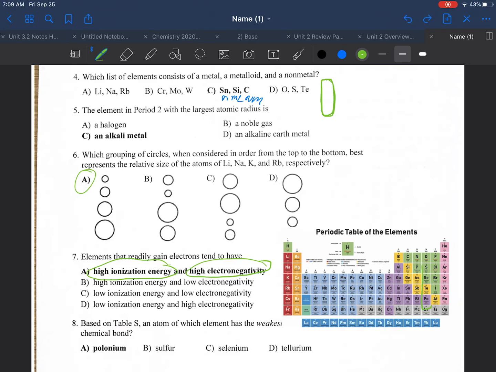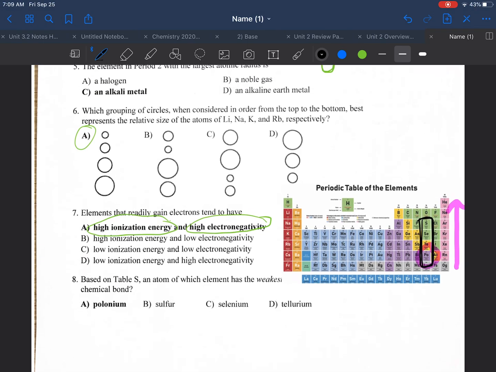Oh, that green is not going to be a great color. I'll use black here. So we are looking at these elements, and what we have to remember is that electronegativity trends up. Therefore, polonium is going to have the weakest want for electrons in a chemical bond. Okay, on to the next page.